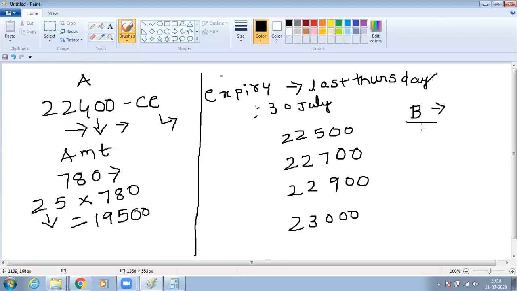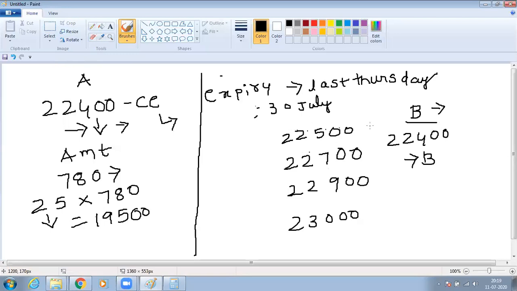That means irrespective of where the bank nifty is, it might be at 22,500, 700, 900 or 23,000, B should sell at 22,400 to A. Okay, that is the agreement.